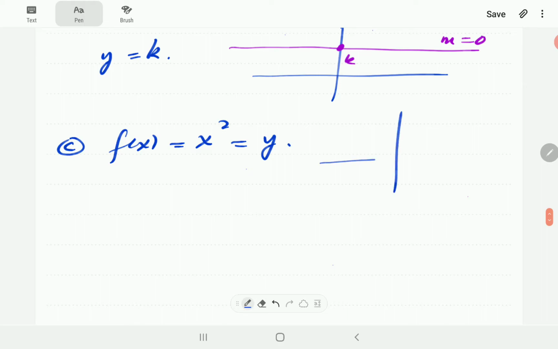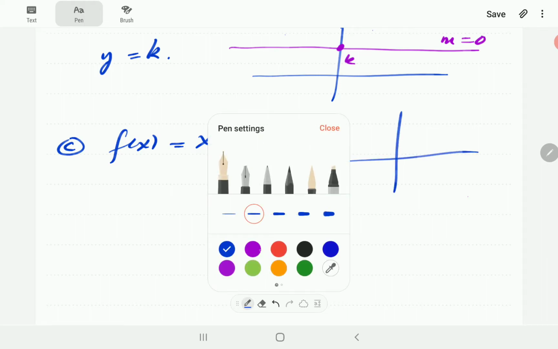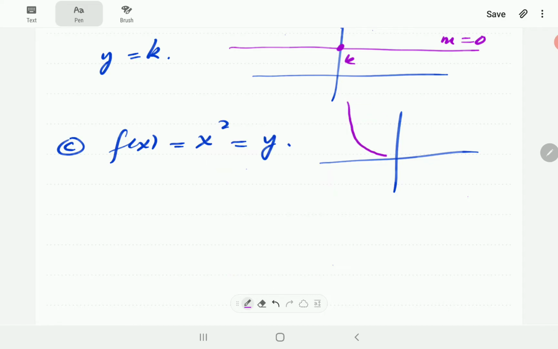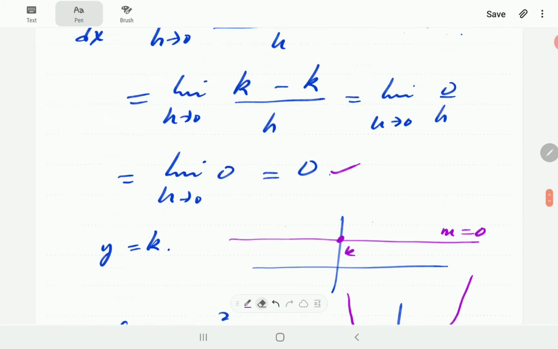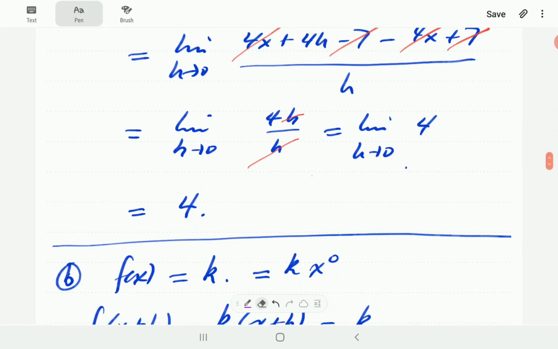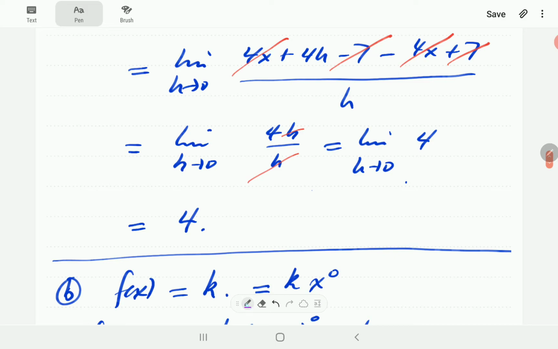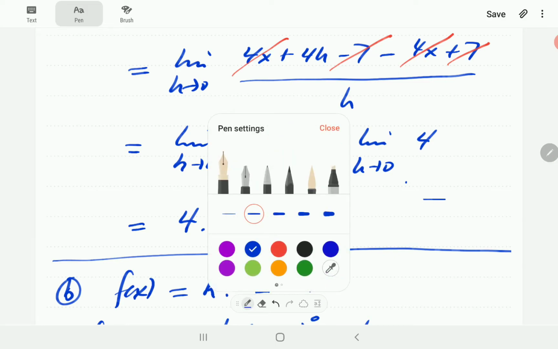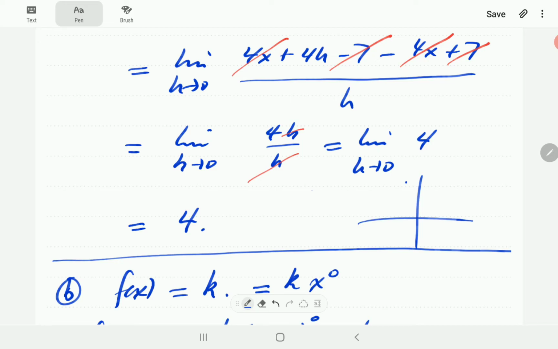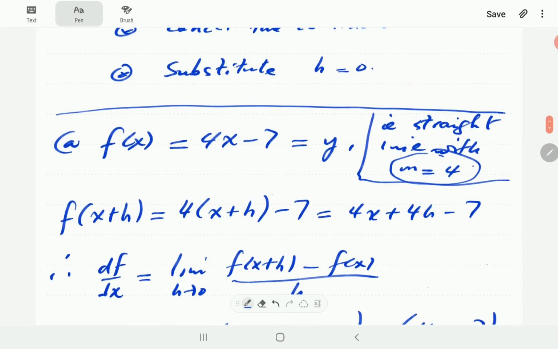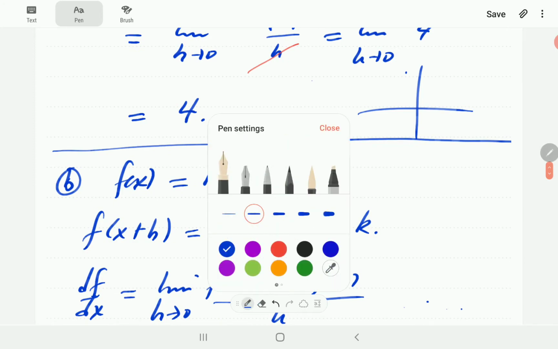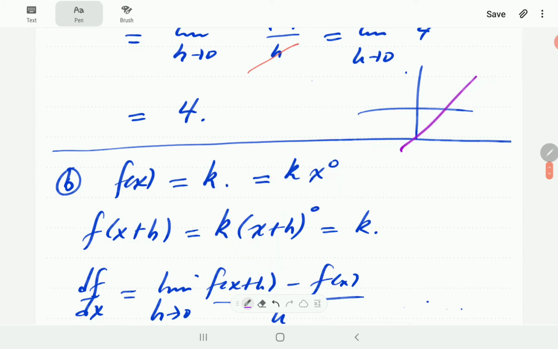Okay, then in C we have got f of x equal to x squared. So this time we've got a parabola. So this graph goes something like this. The gradient of this changes at every point. So this time it is not a straight line. For a straight line, gradient is the same right through the domain of the straight line. For instance, this one had gradient 4, the y-intercept was -7, so that line was looking something like this.